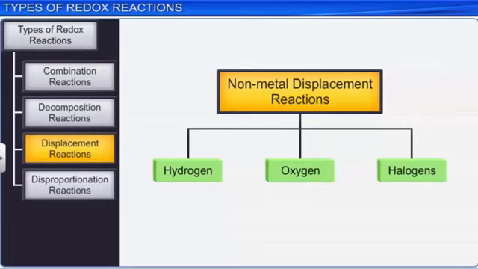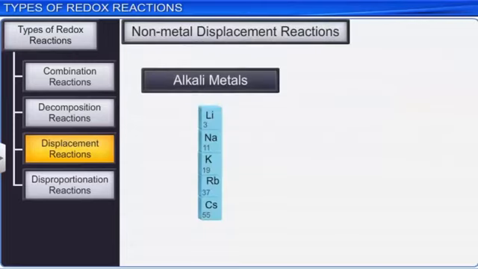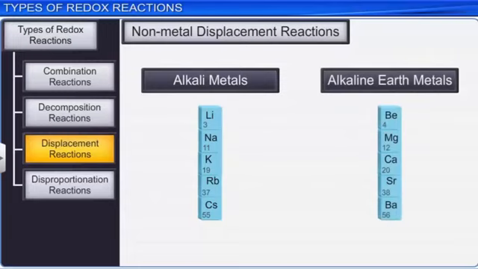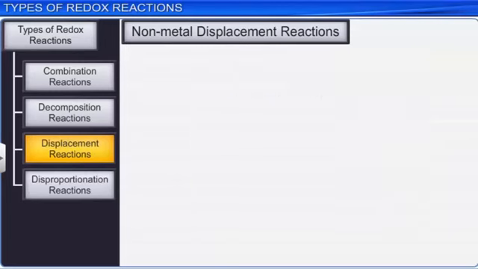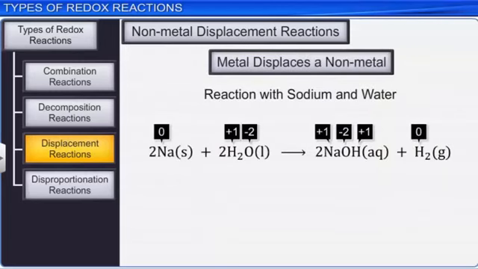Let's look at examples of metals displacing nonmetals. All alkali metals and certain alkaline earth metals displace hydrogen from cold water. For example, sodium, an alkali metal, displaces hydrogen from cold water to give dihydrogen gas.